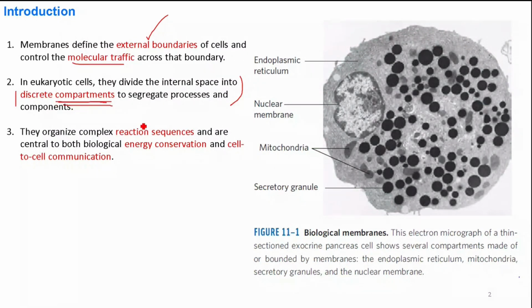They organize complex reaction sequences and are central to both biological energy conservation and cell-to-cell communication. Membranes also contribute to the cell-to-cell communication. If the compartments are not there, energy cannot be conserved within the cell. So compartments, the inner organelles of the cells, are important in energy conservation.